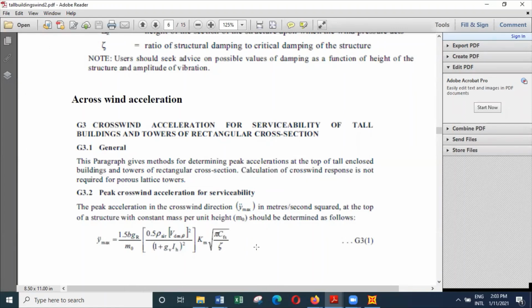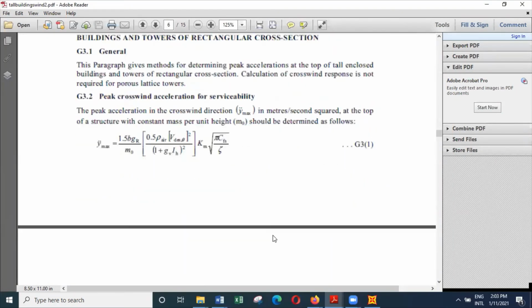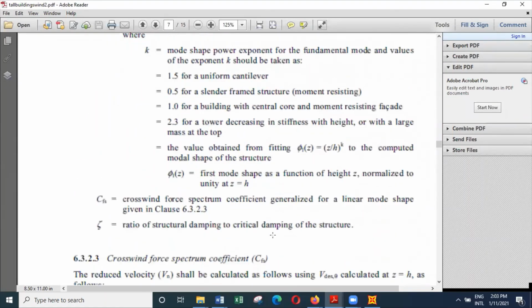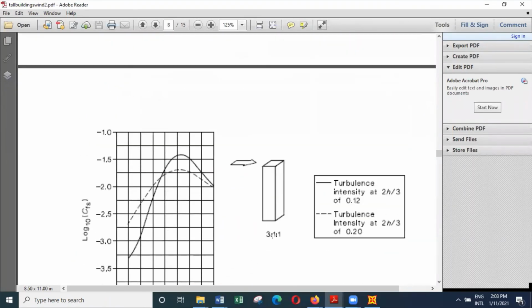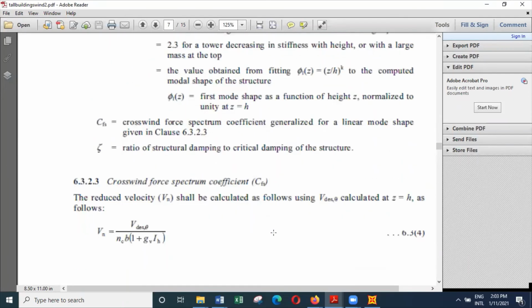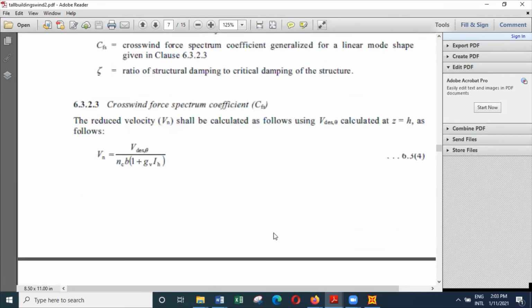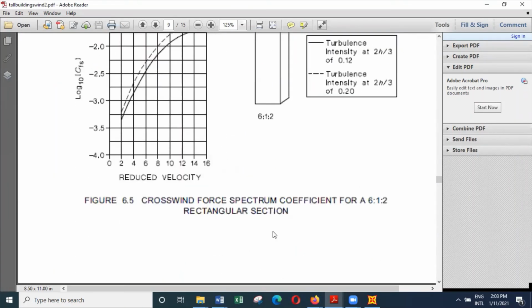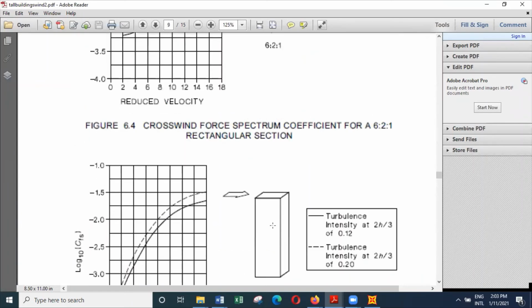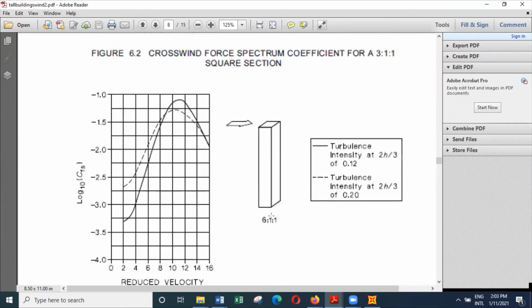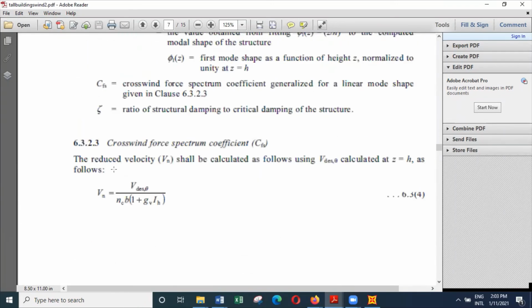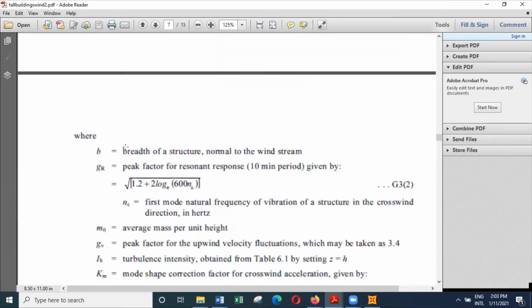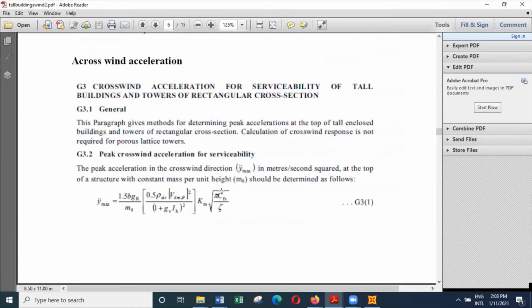With an example, we see how to make use of all these different equations, and you will get all these charts to determine what we call CFS, and CFS appears in this particular equation.